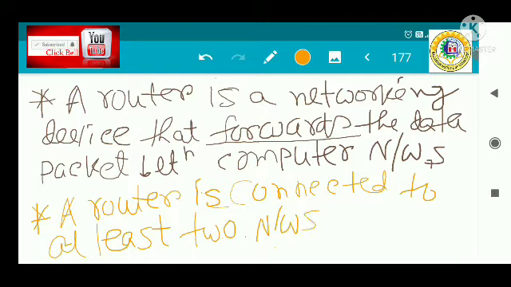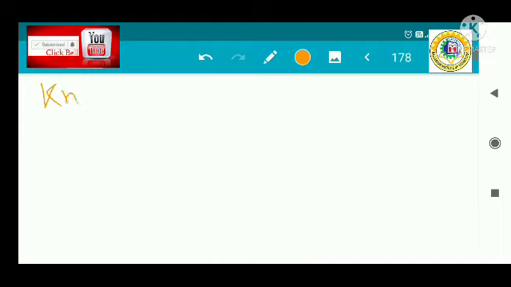These two networks are commonly known as LAN or WAN, whatever may be.